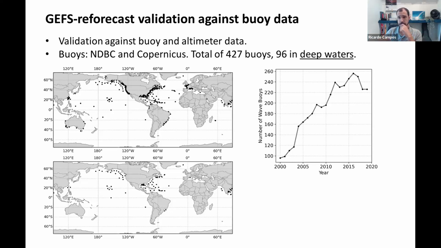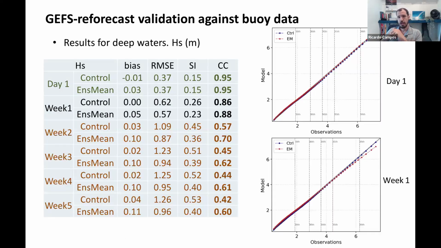The initial validation looks at different metrics, QQ plots, scatter plots, and so on. And then we have it divided into day 1, week 1, week 2, up to week 5, right? We have an extensive forecast range that we can analyze.